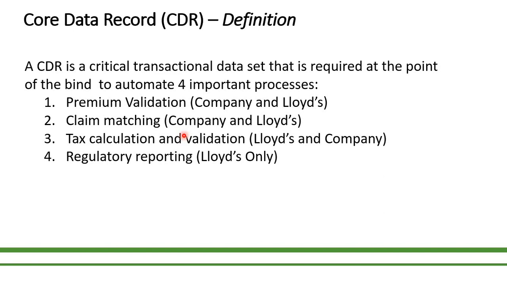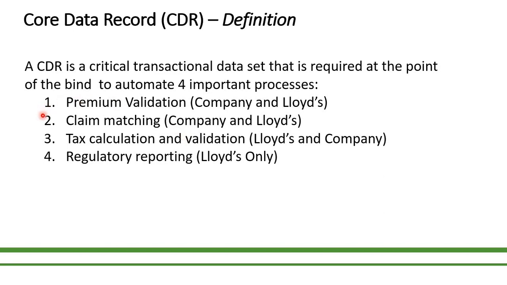Now, all these processes currently are very heavily manual dependent. So the point is to automate these processes. The CDR will set the initial record in the new IPOS system, which will help to quickly reconcile the technical account versus the financial account and allow funds to settle automatically without much manual intervention.